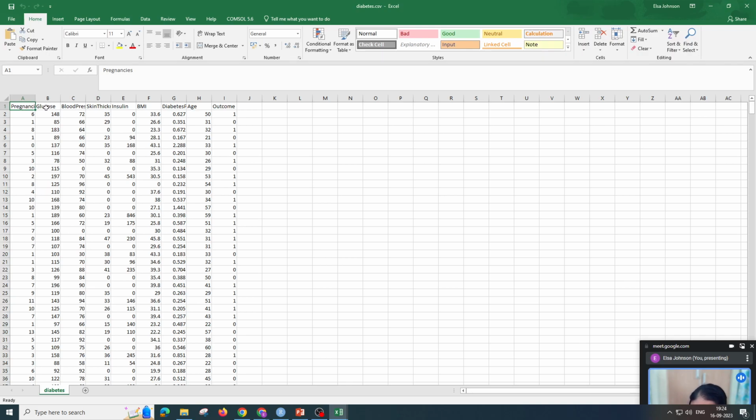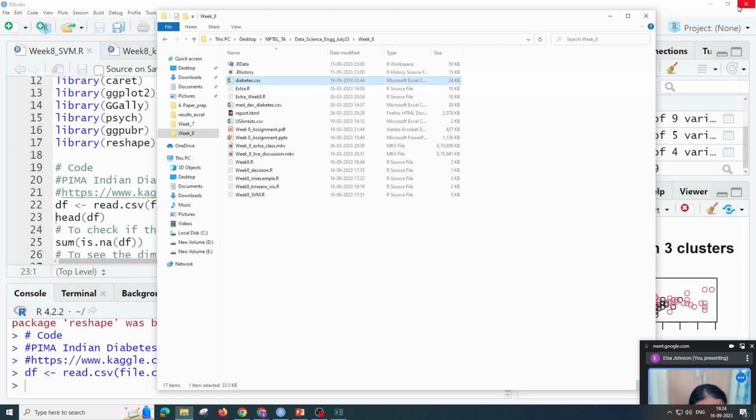Okay, so number of pregnancies, glucose values, blood pressure, skin thickness, insulin values, BMI, diabetes pedigree function, age, and outcome. It is predicting whether that person has diabetes or not based on all these values. This is taken for Pima females.